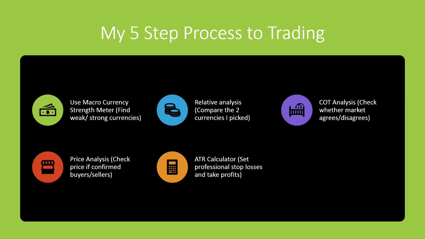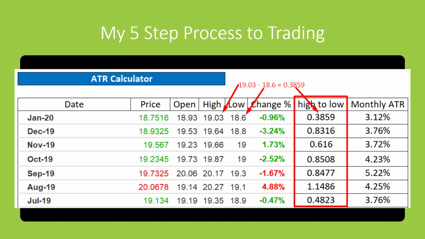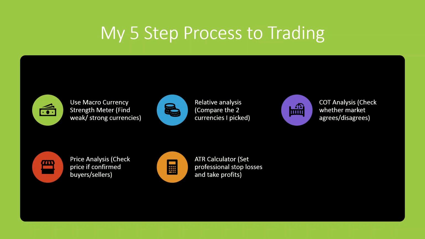Then the final step, when we're confident that all these steps line up, is to actually apply the ATR calculator, set our stop loss, set our target, and let that trade go. And that's basically how you should be using average true range, ATR, in your analysis. Forget all the indicators that are out there, forget the ATR indicator. This is one you can actually use so much more easily, in an instant, to calculate your stops and targets.